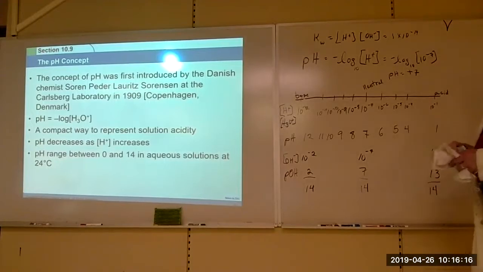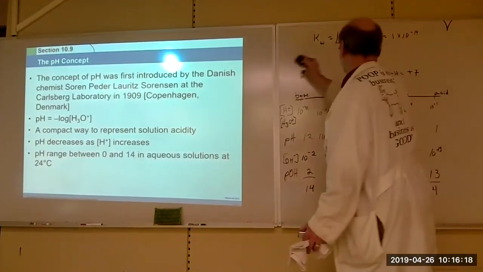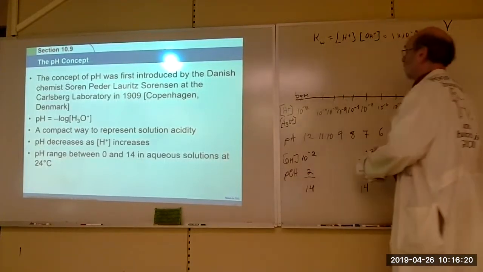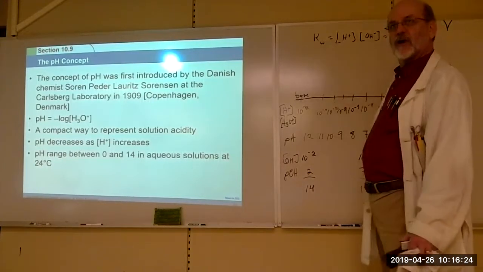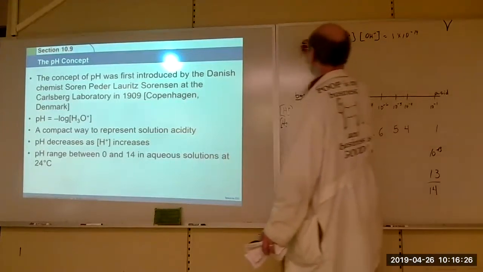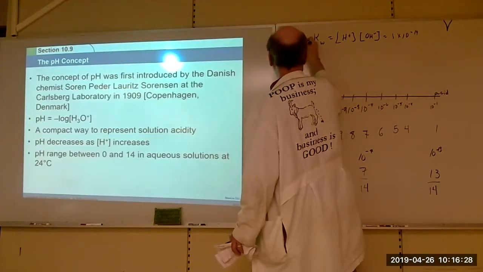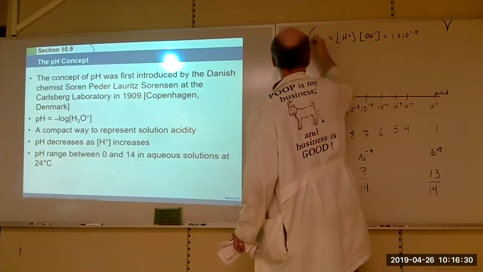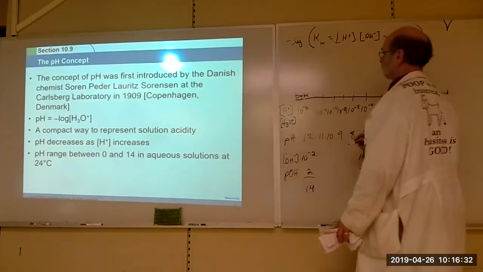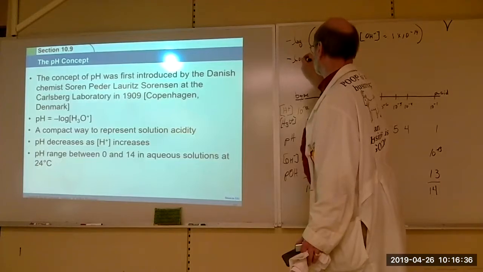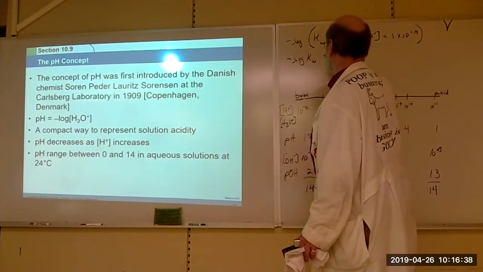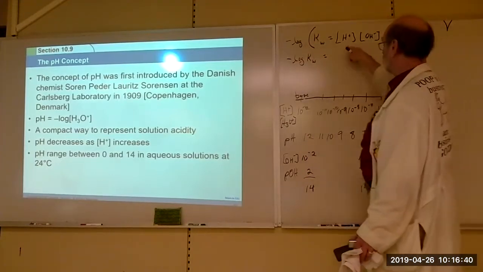That's the Kw. Now, what if we do a p transformation for that entire equation? Just say negative log of the whole thing. That means negative log of this equals negative log of that.